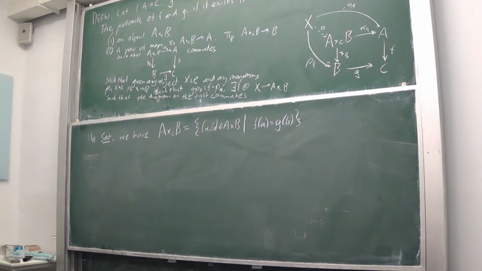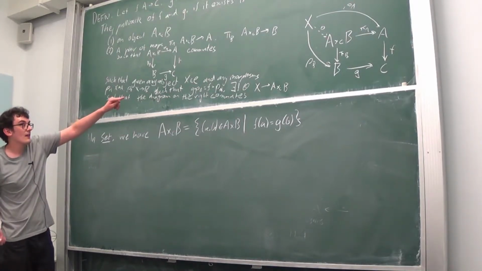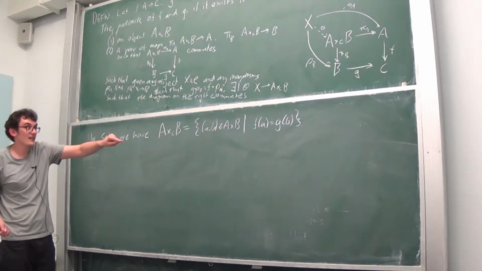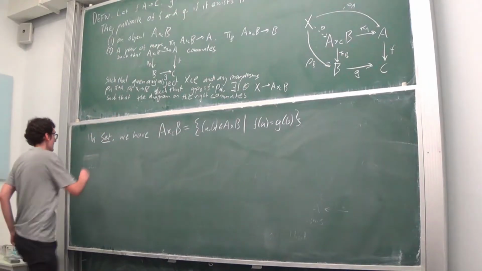One other important special case that will come up later when we talk about subobject classifiers is the particular case where, let's say, A is a subset of C and F is the inclusion.